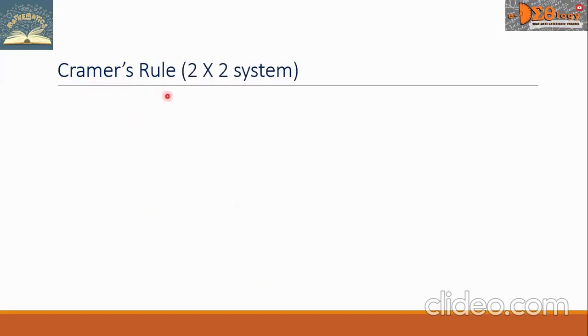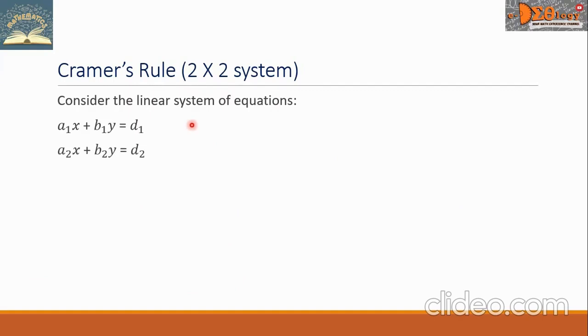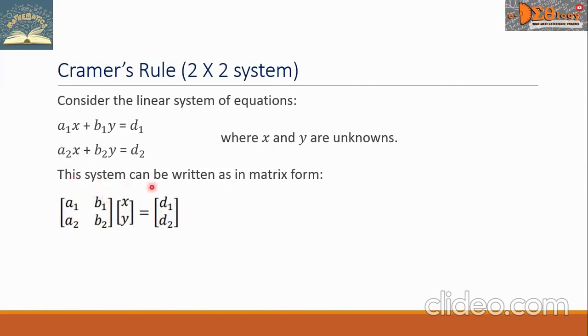Let's go now to Cramer's rule of 2 by 2 system. Consider the linear system of equations a sub 1 x plus b sub 1 y equals d sub 1, a sub 2 x plus b sub 2 y equals d sub 2, where x and y are unknowns. This system can be written in matrix form.